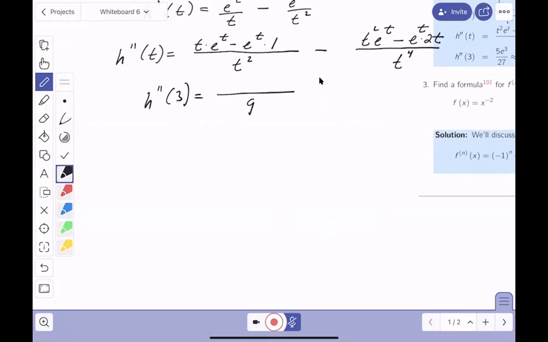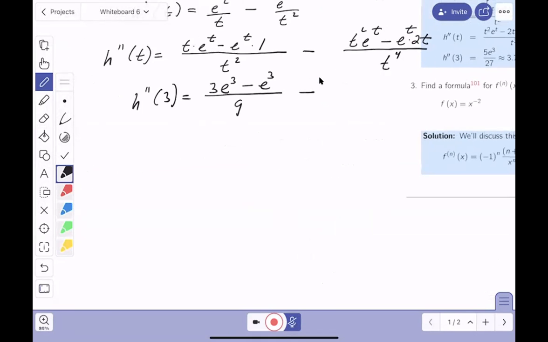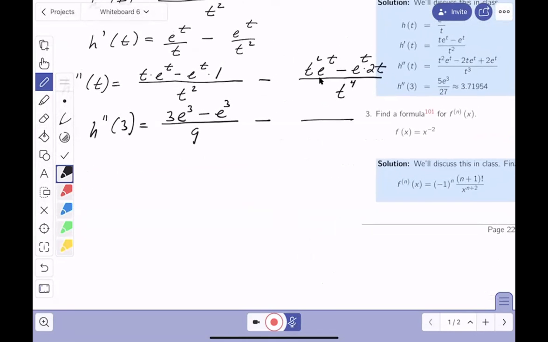9, 3e cubed minus e cubed, minus, oh boy, this is going to be 81, isn't it? And then what are you going to get? 9e cubed minus 6e cubed. Let's keep going. 2e cubed over 9 minus, what'd you get over there? 9 minus 6 is 3, right?